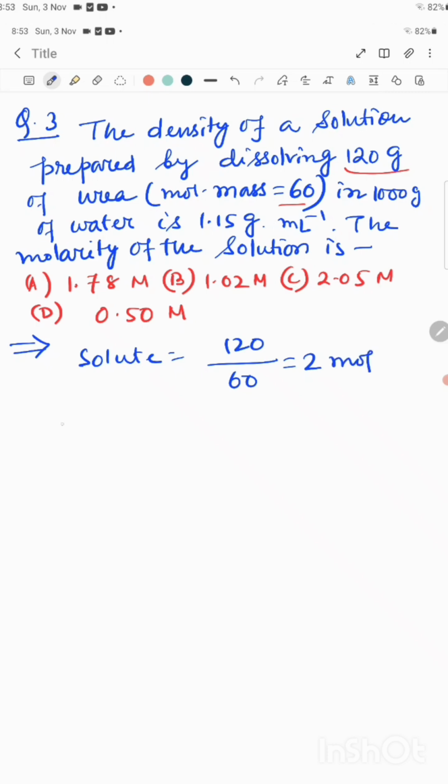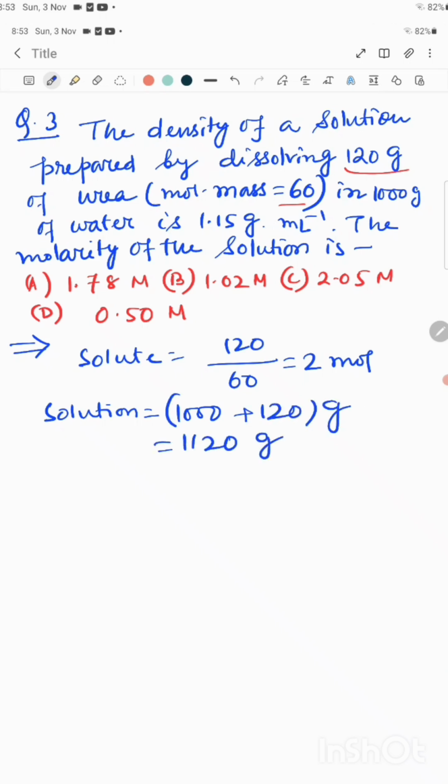And for the solution, density is given and the total volume is not given, so we have to calculate. Solution means solvent plus solute, so it is 1000 plus 120 gram, that means 1120 gram. Now density is given, and volume we have to calculate.